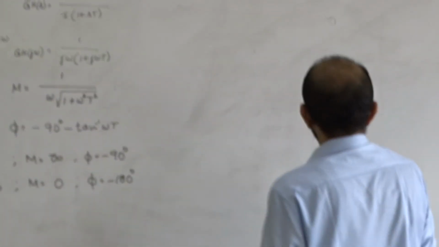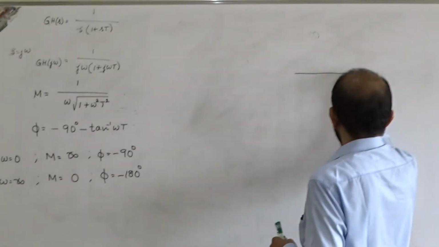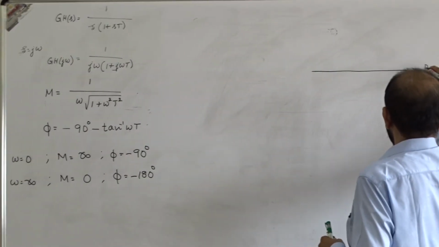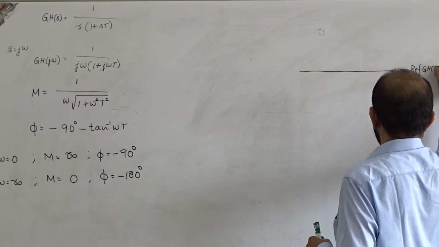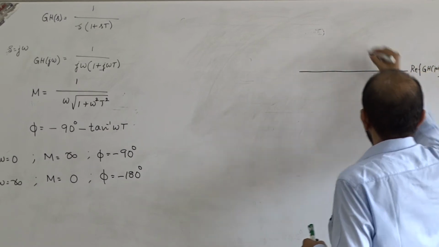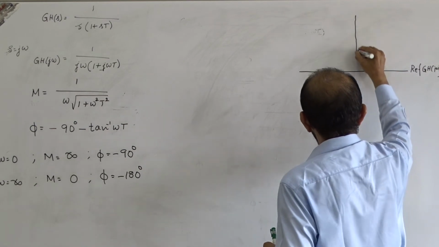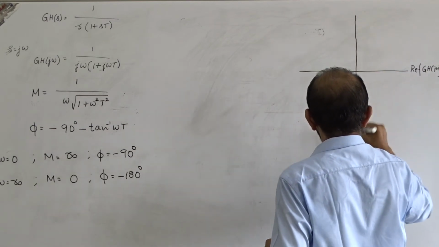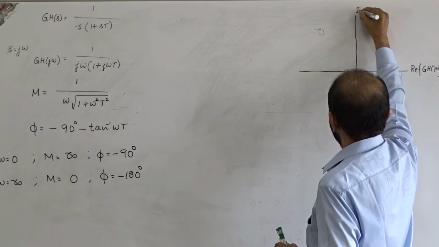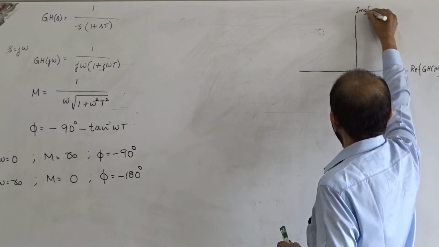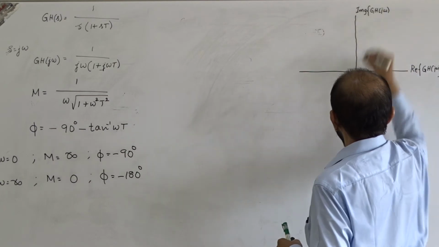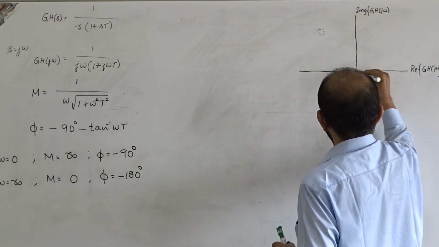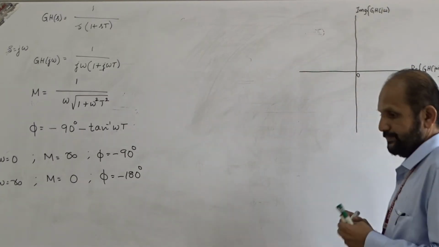Now we will plot it. This is the real part of GH of j omega. This is the imaginary part of GH of j omega. This is the origin.